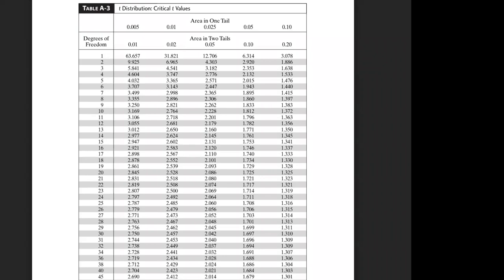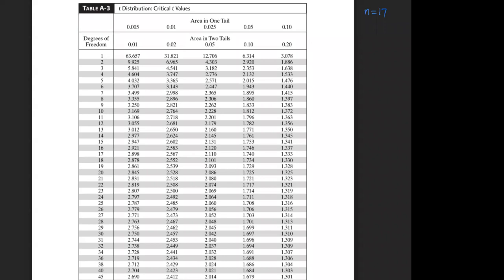So next problem is, you'd like to know how many hours on the average students at your school work per week, okay? So you want to know how much students work per week. So you collected data from 17 randomly selected students. So your N, or the sample size, is 17.